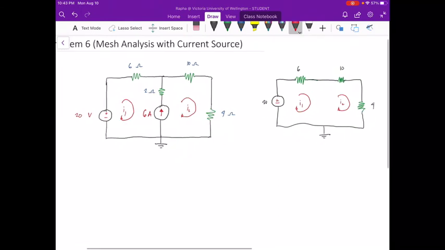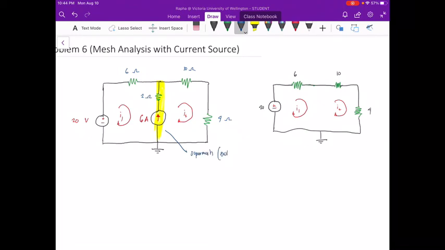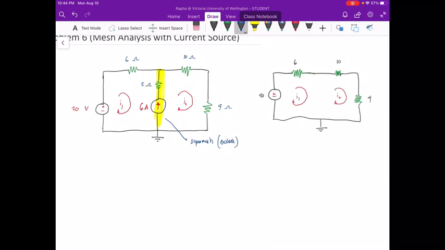By the way, just to indicate, this area right here is our super mesh. So we will exclude that. We can now write our KVL equation for the simplified diagram.